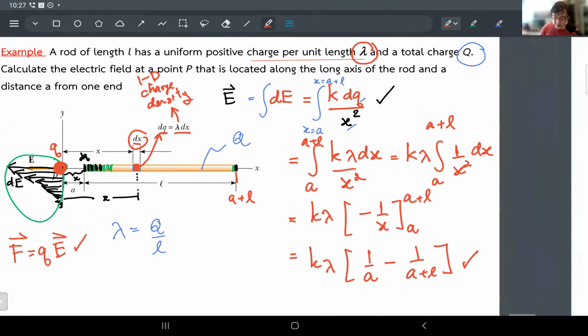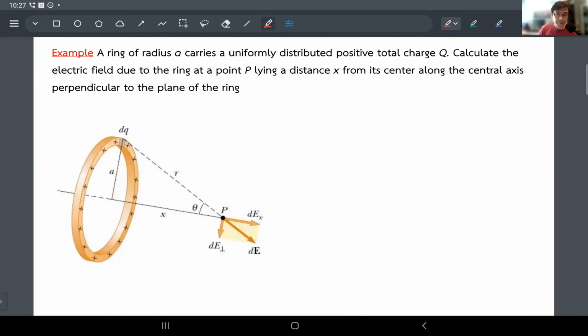Try the next one, guys. This one is cool. We're not going to be able to cover the whole thing, but from time to time you might have to see something like this. You have a ring of radius A that carries a uniformly distributed positive total charge Q. So at least now you know that the whole charge in this ring is Q, uniformly distributed.